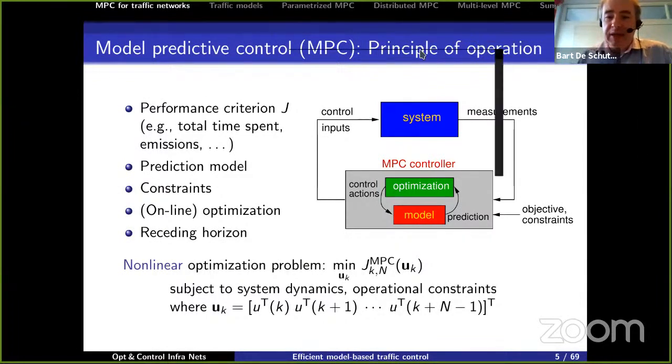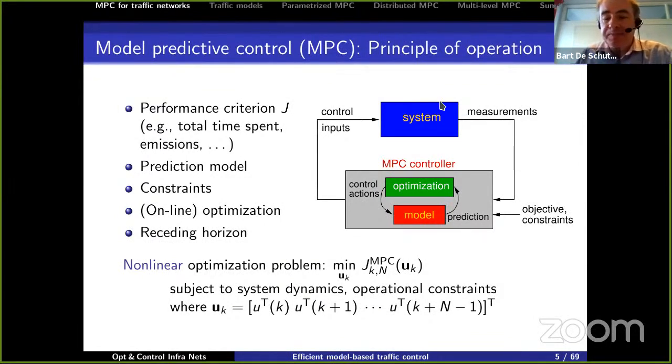And then we would typically see that we have a kind of feedback mechanism in this loop. We measure the state of the system, we optimize, and then we make a certain prediction about the future, and then we apply the control inputs to our system.